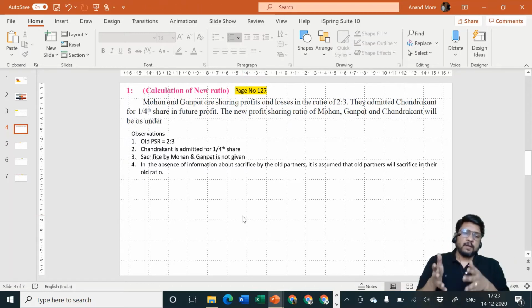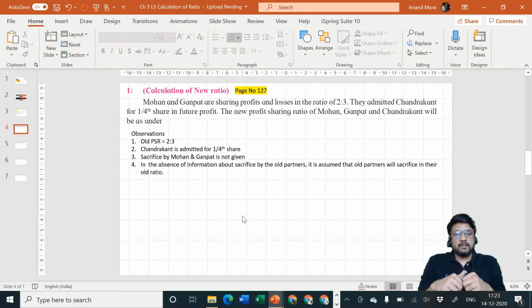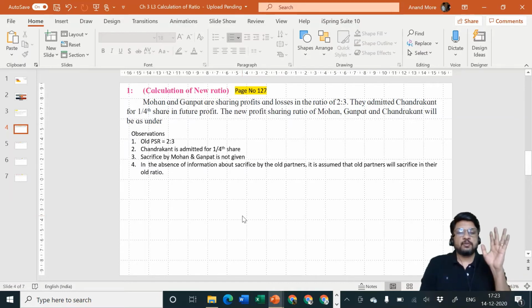If there are two partners and they are sharing the old profits in a particular ratio which is not equal, and then a new partner is coming in and there is no agreement specified that old partners will sacrifice in a particular manner for giving the profit to the new partner, if nothing is mentioned, in that case we can safely assume that the old partners will sacrifice in their old ratio.